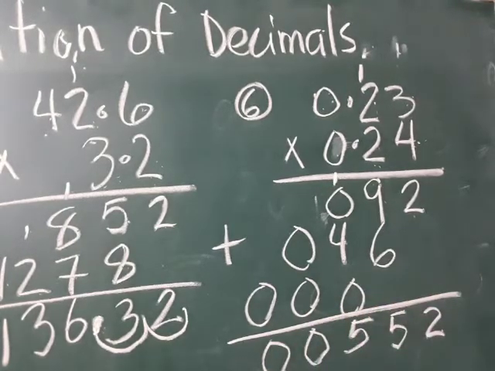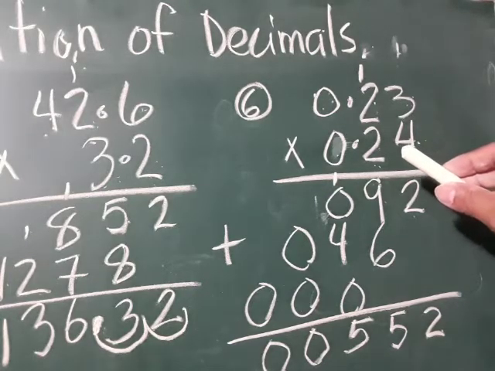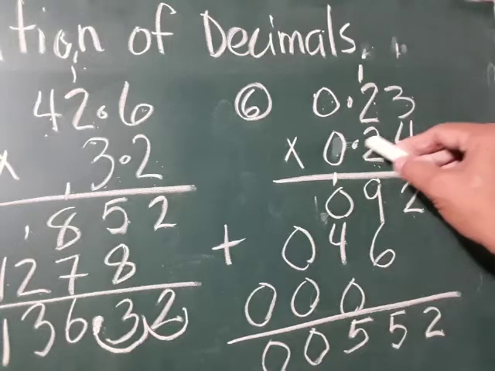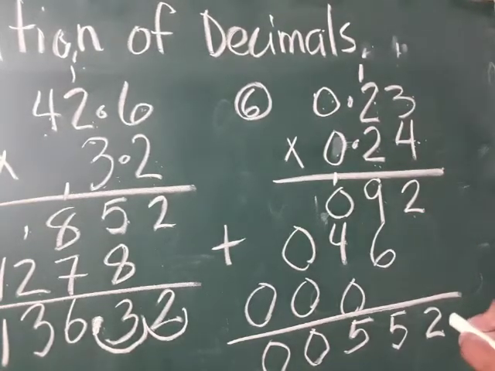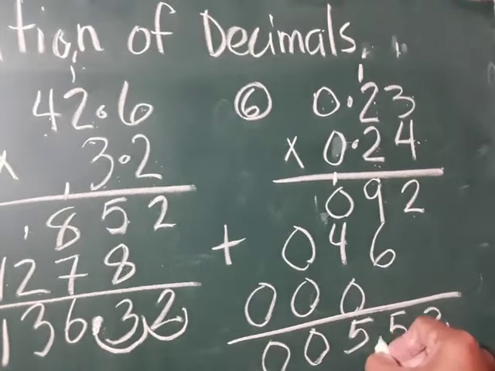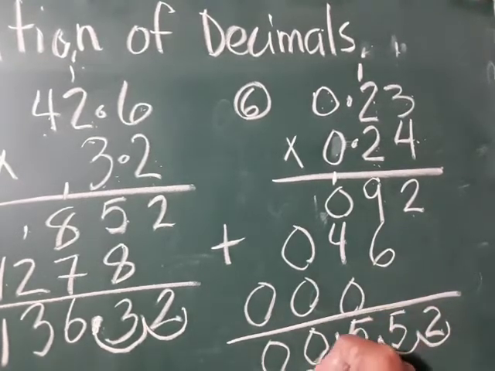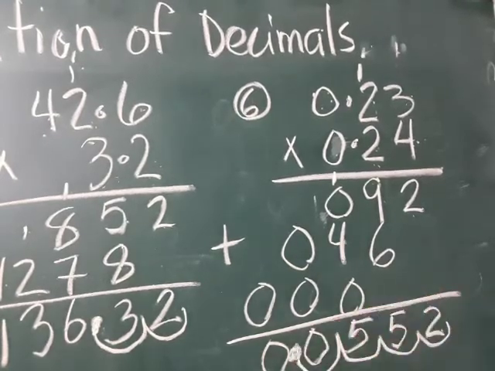Let's count the number of decimals on the right side of the decimal. So 1, 2, 3, 4. Then let's jump backward on the products. 1, 2, 3, and 4. So your decimal is here. Okay, so it's easy, right?